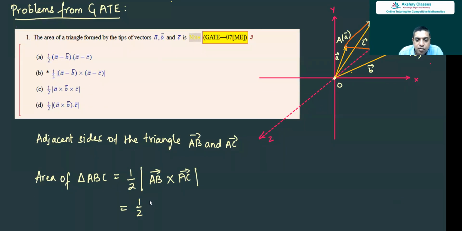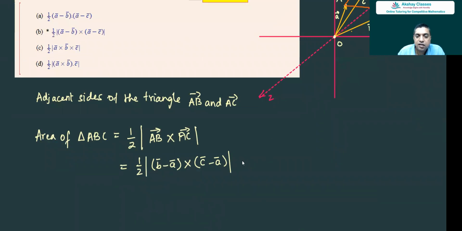Got it? Now, AB bar is the position vector of B, that is B bar, minus the position vector of A, cross the position vector of C minus the position vector of A. Now you take minus signs from both the factors.